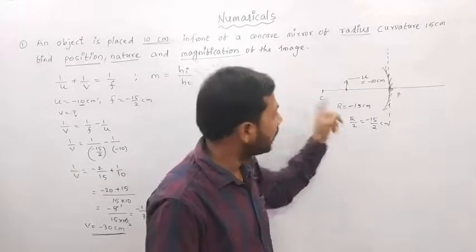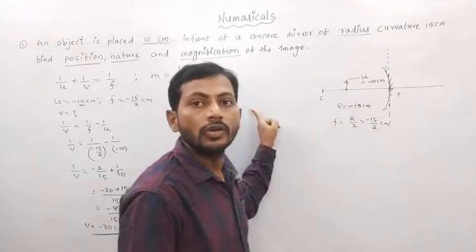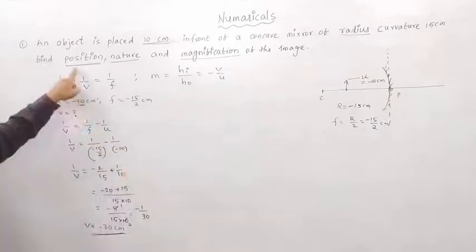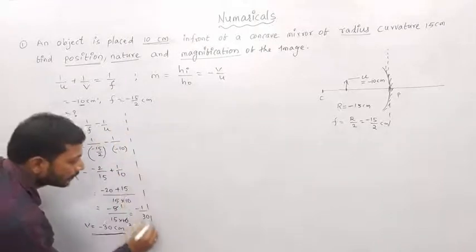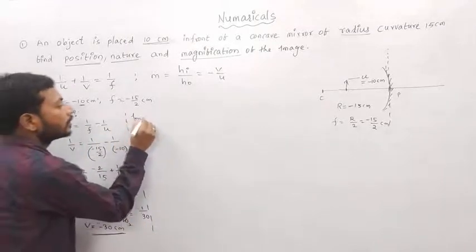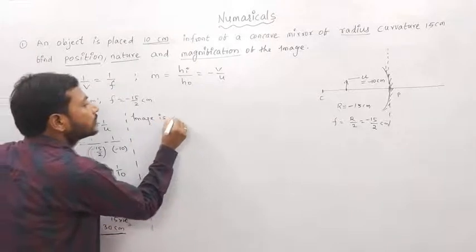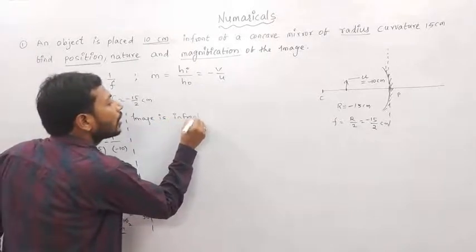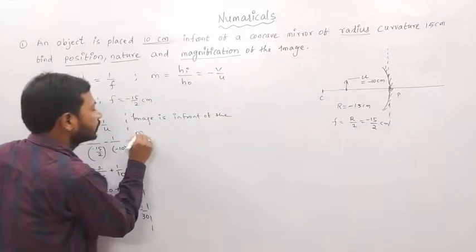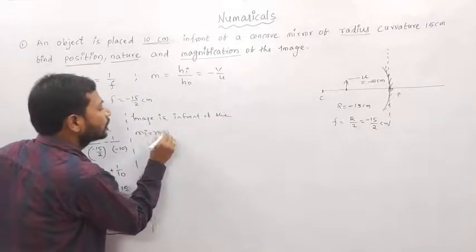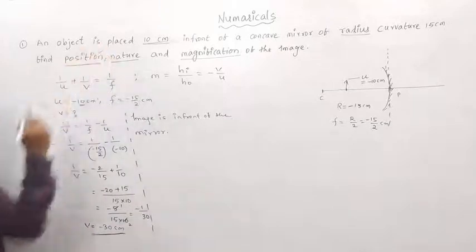Otherwise I am going to say the same side as the object. So please write, when he asks for the position, I am writing the answer here: image is in front of the mirror. One answer clear, children? Very good. This answer completed.